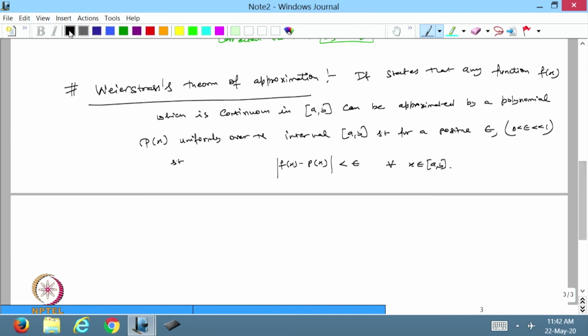So, now I will write down the interpolating polynomial. So, let us do Newton's, or we call it Newton-Gregory forward difference formula.